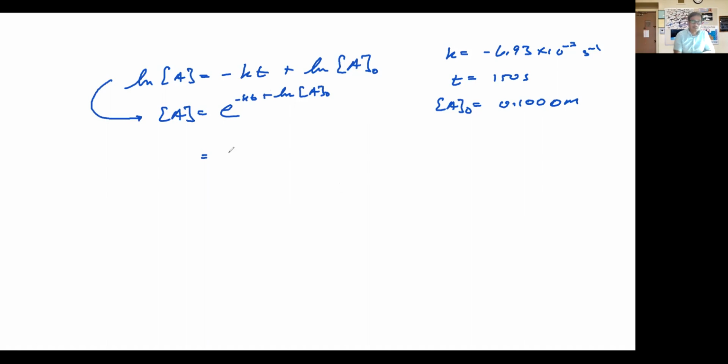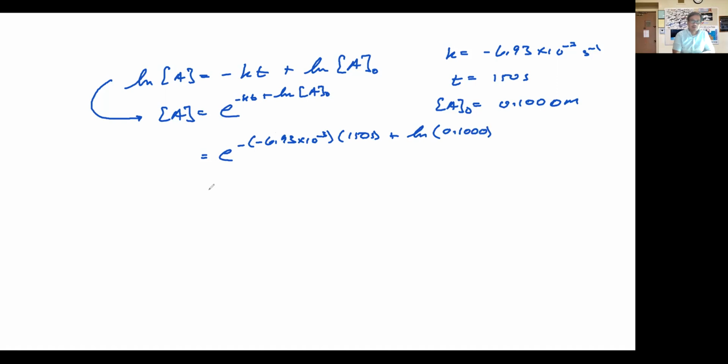With that said, let's plug in those values. e to the minus 6.93 times 10 to the minus third, times 150 seconds, plus natural log of 0.1000.